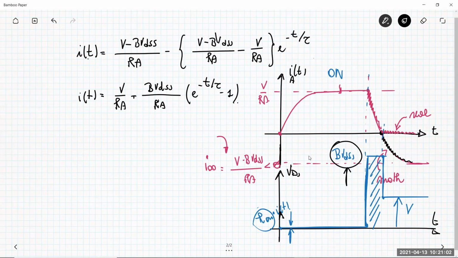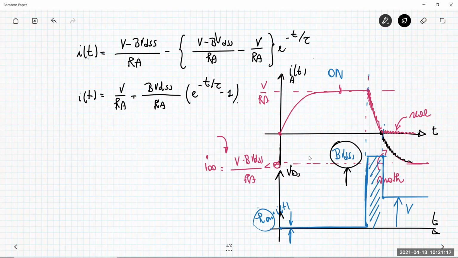But we can say that there exist some construction manufacturing techniques that make it possible to operate the MOSFET exactly at the breakdown voltage.